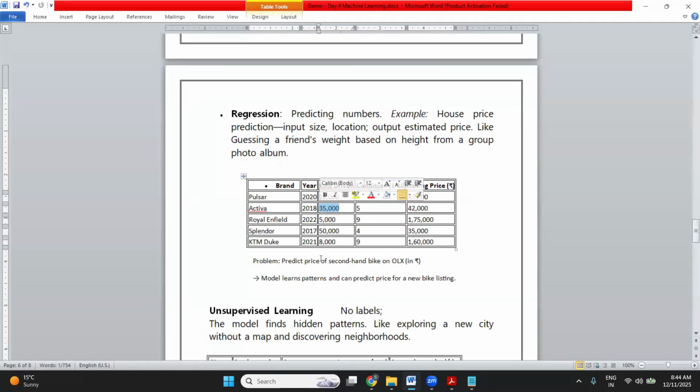So that is how the regression model algorithms will take the data and try to predict something. What is the prediction here that we require? We are expecting the price of the second-hand bikes. Got it?